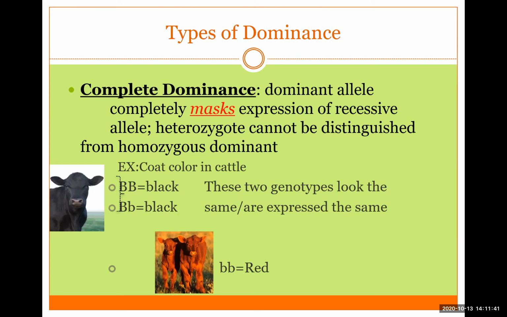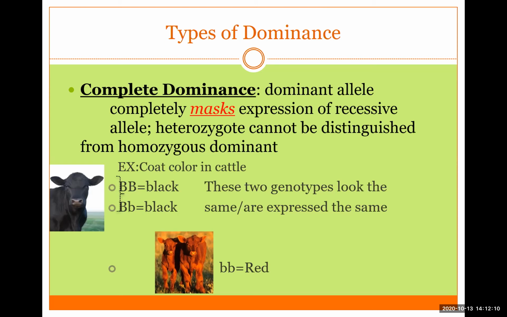And if we took this black bull and we bred him to the red cow, she would always pass on the lowercase b, right? So these two babies at the top are the same, right? So half of them will be this uppercase B, lowercase b. What color would they turn out? Black. Very good. So this one is black.